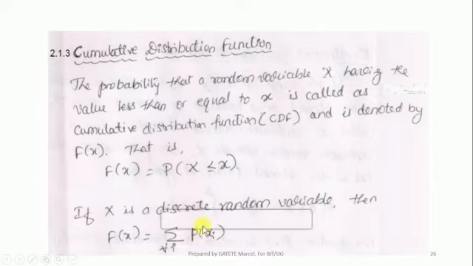It means that we're going to add all the probabilities. So here we are going to have Px0 plus Px1 plus Px2. So this function will be cumulative because it is the summation of all probabilities which we got.